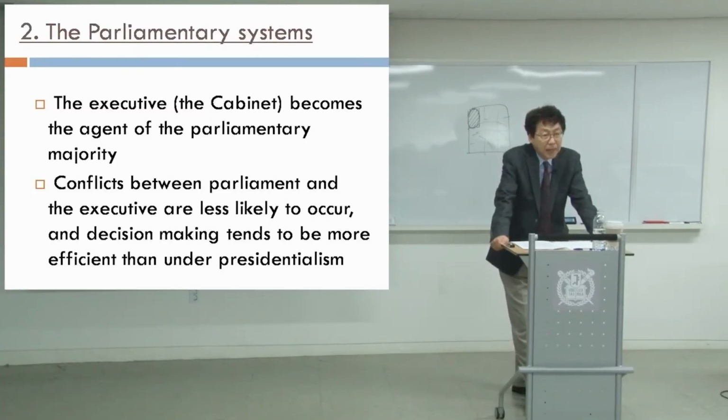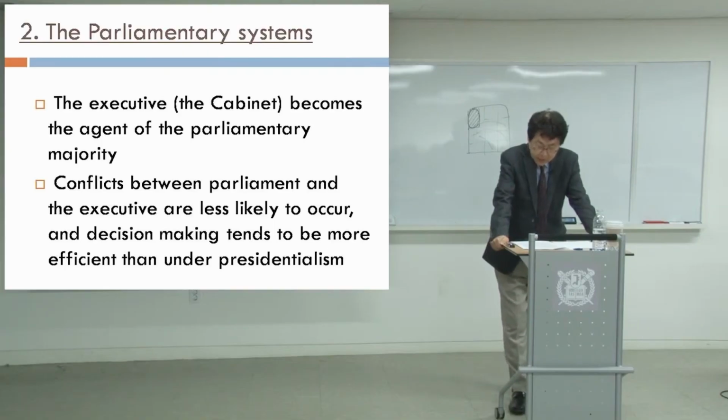Now, in a parliamentary system, the executive branch or cabinet becomes the agent of parliamentary majority, and in most parliamentary systems consists largely of members of the parliament.